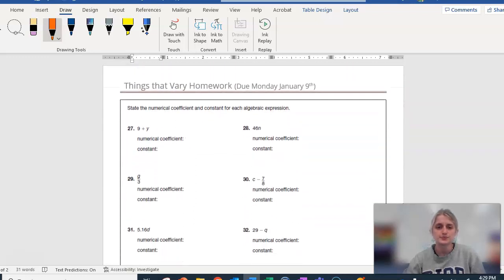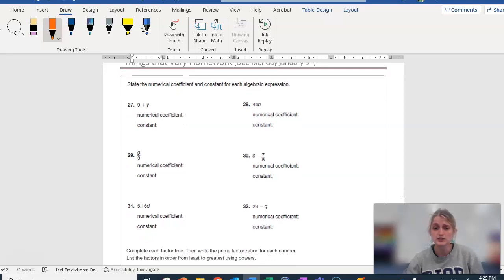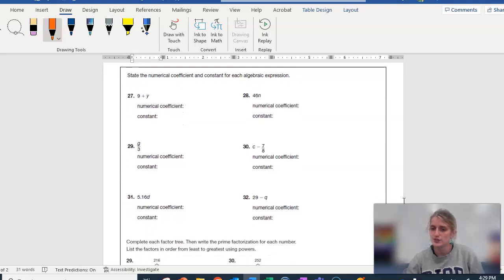Second page. This is probably easier, but I did just give you these two vocab words. Numerical just means number. What's the number coefficient? The coefficient is the co-captain, the co-partner, the number that goes together with a variable. A constant is constantly wishing that they had a letter, a variable, to be their best friend too.